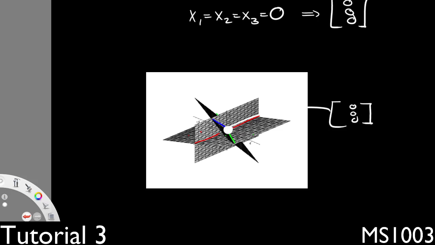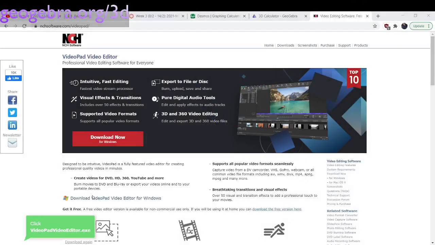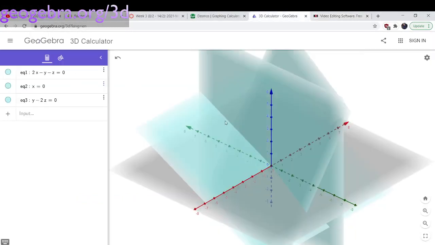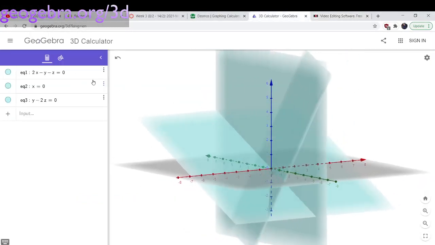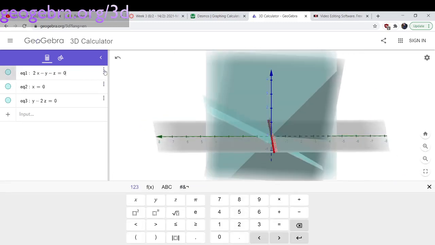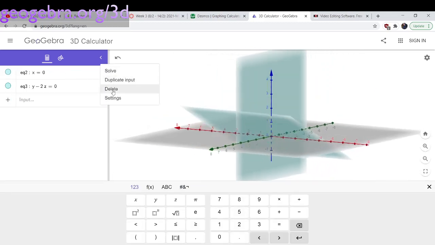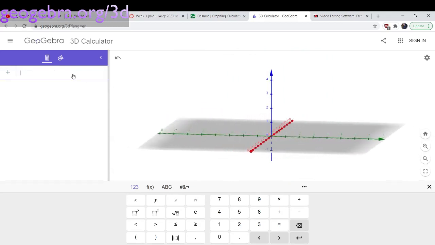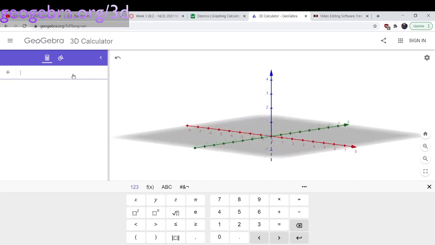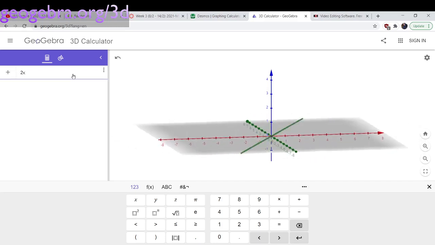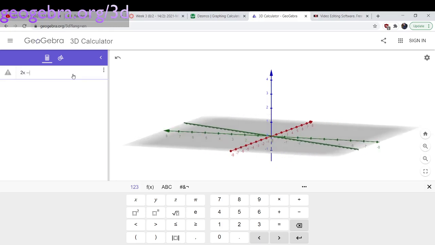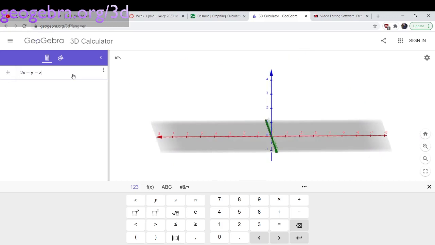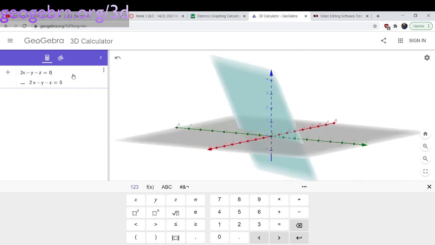So how can we see this ourselves? I have them plotted here on what I call GeoGebra. So if I just delete these 3, we'll make it ourselves. Our first equation was 2x1 minus x2, which is now called y in GeoGebra, minus x3, which is now called z, equal to 0.